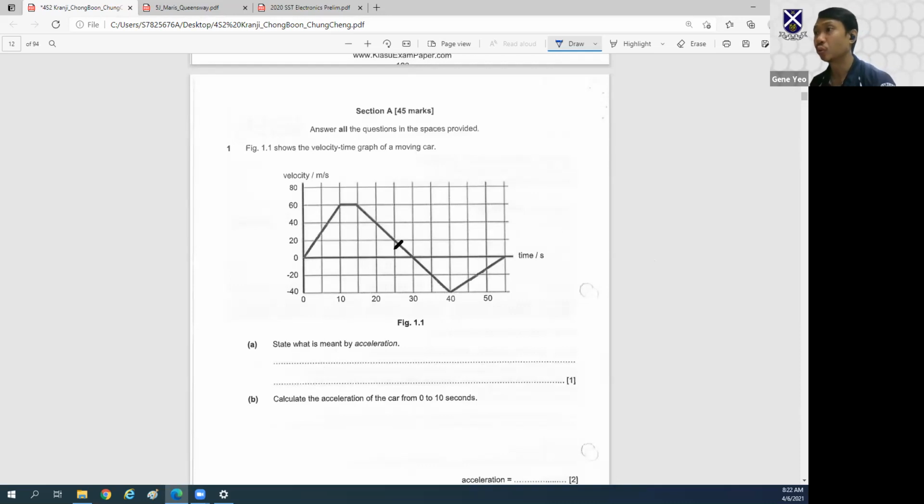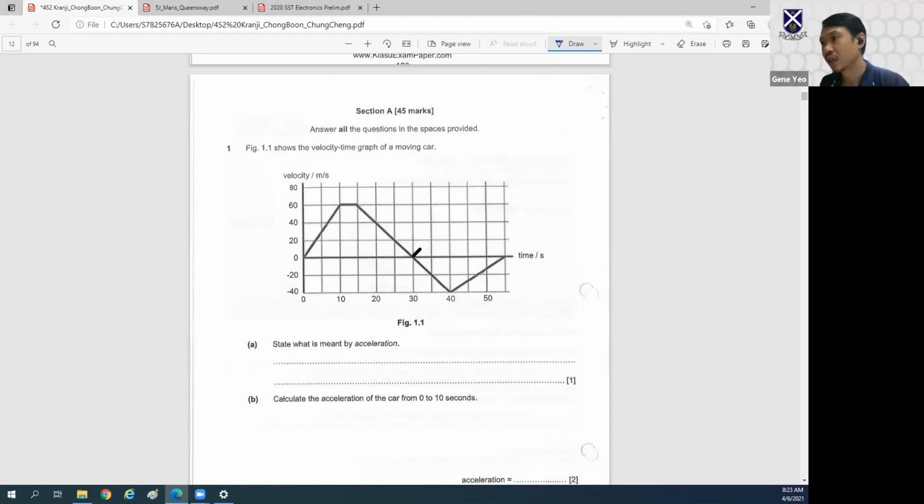Okay, so for paper 2, this shows a velocity time graph. So first of all, you have to understand the graph. Okay, you have to understand the graph. This means that the speed is increasing. The velocity is constant. Okay, it's not changing its speed. And then it is slowing down. Okay, it's slowing down, it's slowing down.